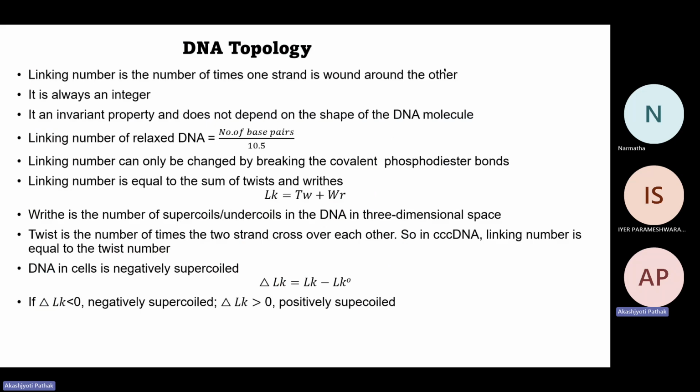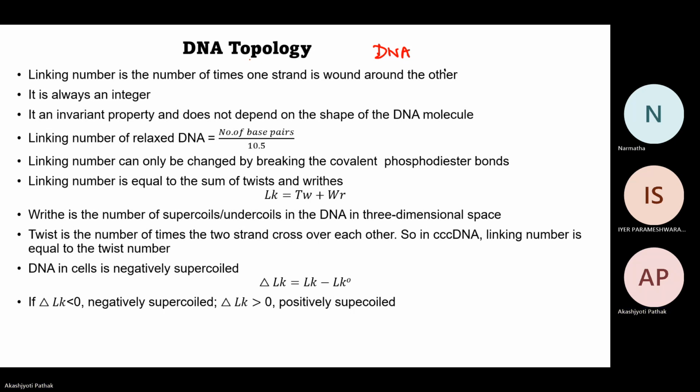And then, let's learn about DNA topology. What do you mean by DNA topology? DNA topology means what is the conformation of the DNA in a cell, or how the DNA remains arranged in the cell.